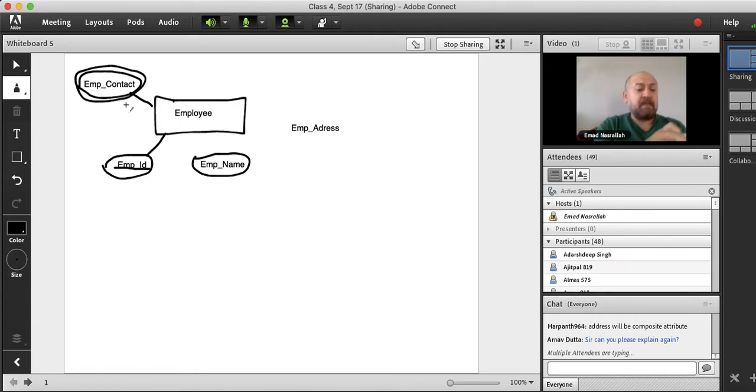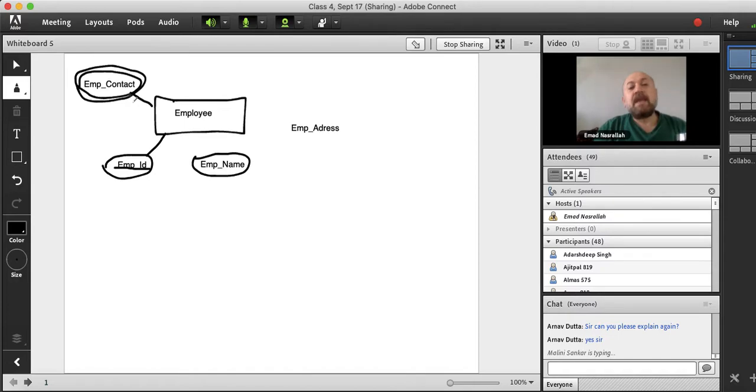Anytime one of the entities in the entity set may have more than one value for any of the attributes, it has to be a multi-valued attribute. Like now here employee, how many employees we will have? Many employees, regardless about how many. 100,000, whatever. Now, the employee contact, like the phone number.